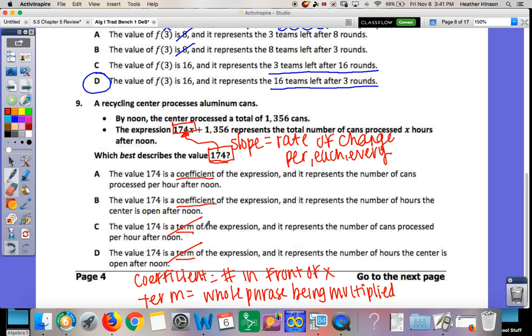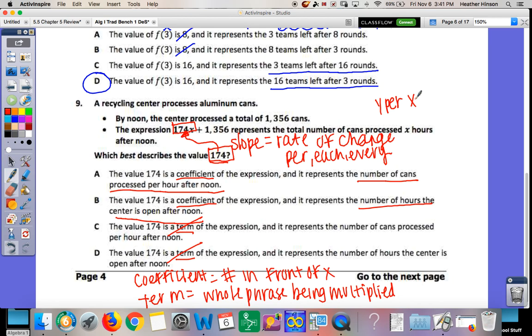Does it represent the number of cans processed per hour after noon? Or does it represent the number of hours the center is open after noon? Well, we already said it was our slope. It's our rate of change, which means it has to be y per x.